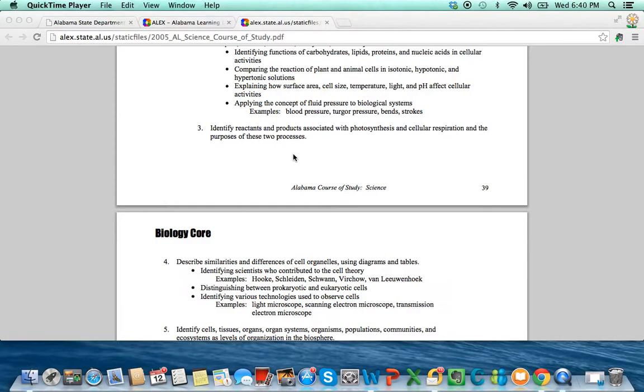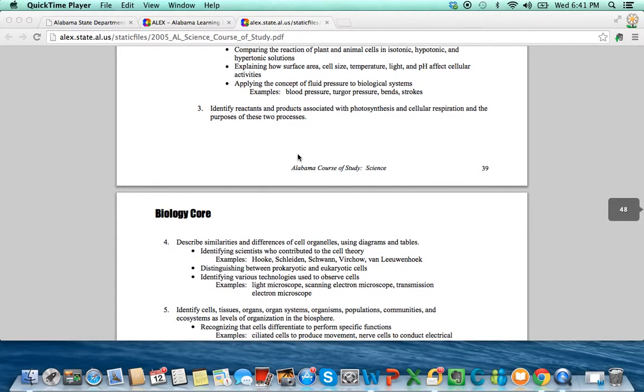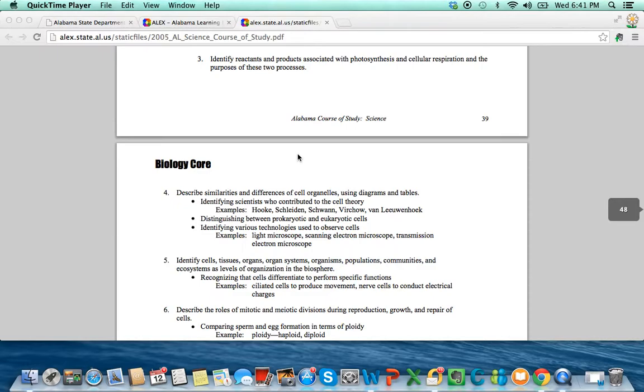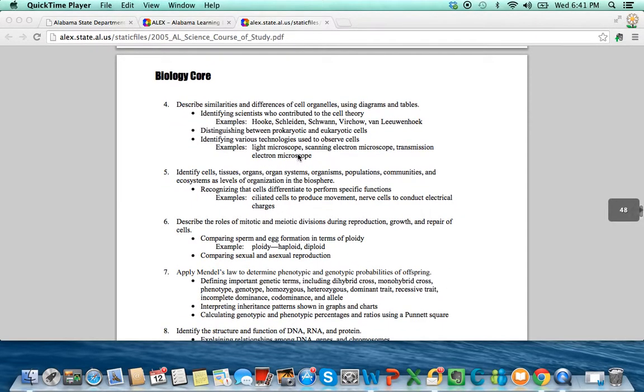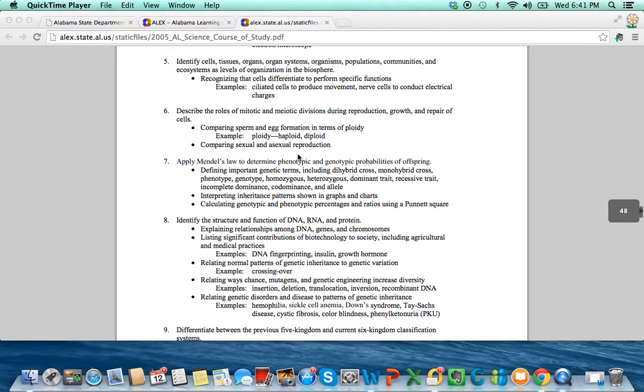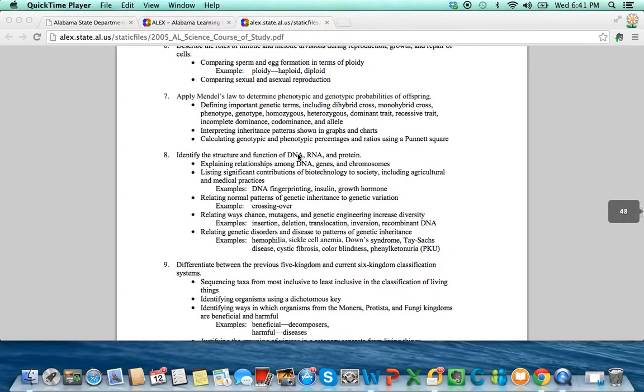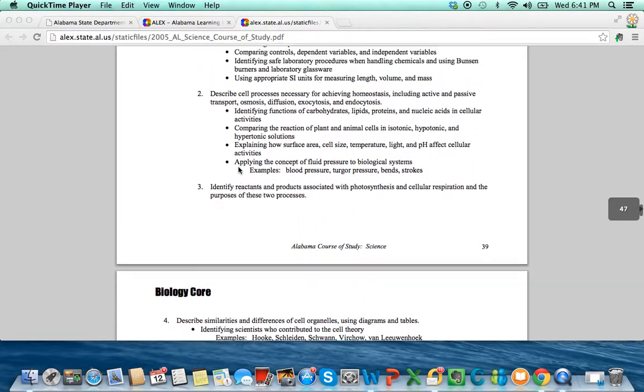If that was going to be what I was going to choose, that would be the only standard that I would choose. It will take me at least 8 days in class to really teach photosynthesis and respiration, to do the labs associated with it, to do the classroom exercises I want to do associated with it. So I might choose just that one standard to work on. Otherwise, there might be some others that I might choose to do 2 standards or more.